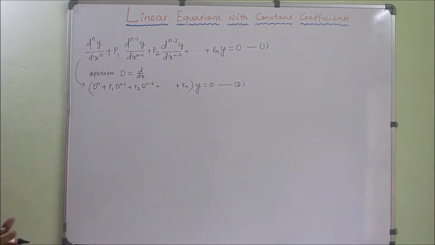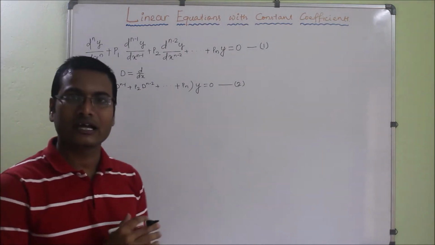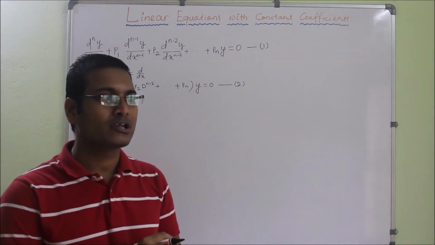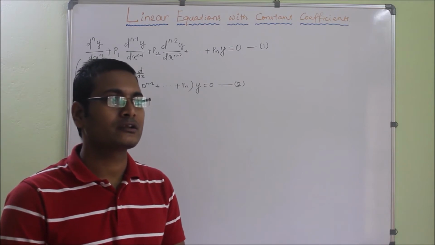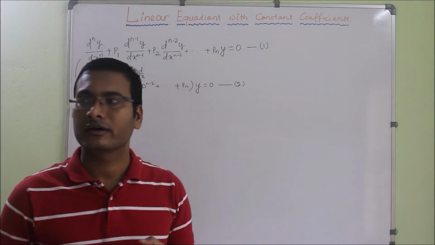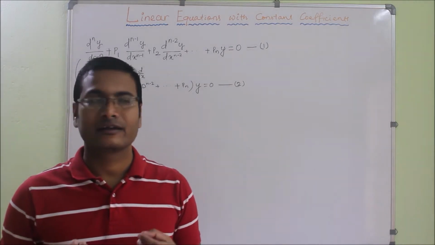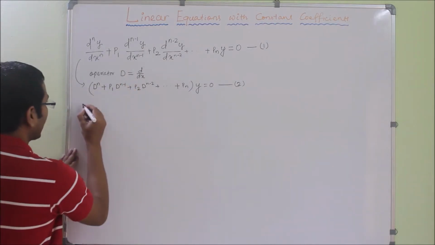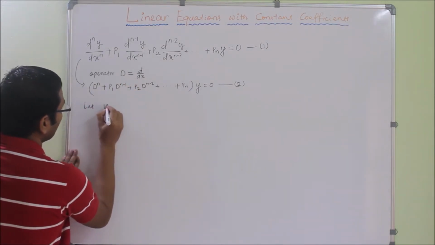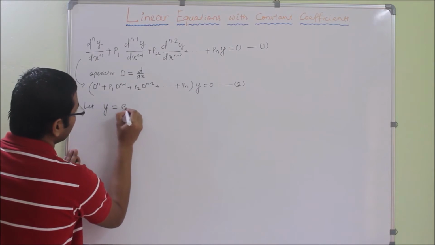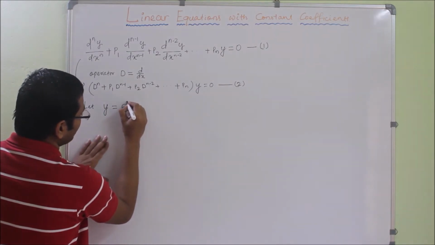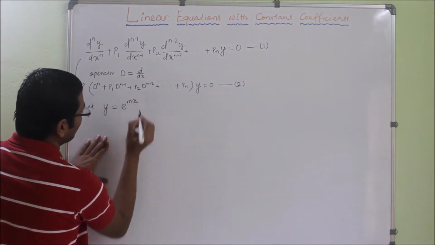Now how to solve the differential equation, that we have to see. When we don't know the solution, we can assume a solution. We can assume y as the exponential function e to the power mx.